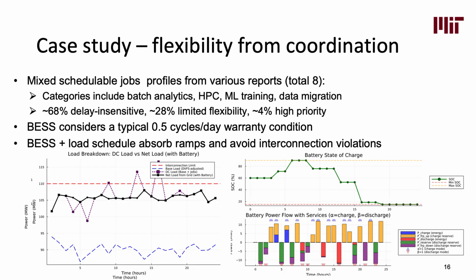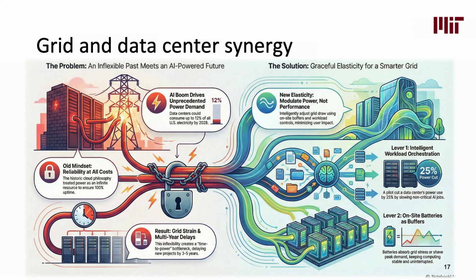What's interesting is we see all types of grid operations in these models: both reserve markets, flexible ramping up, flexible ramping down, and also charge and discharge operations. If any of you are interested, I'm happy to discuss more details about our model afterwards.